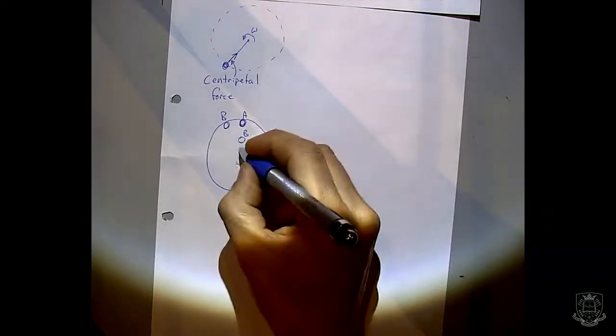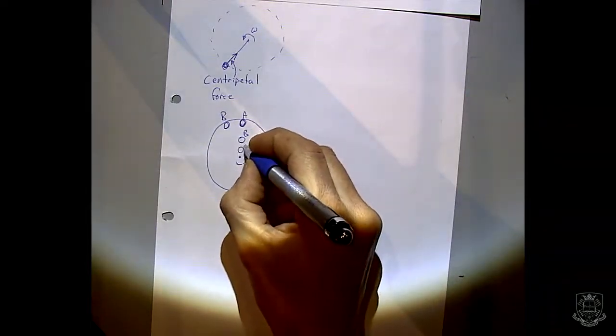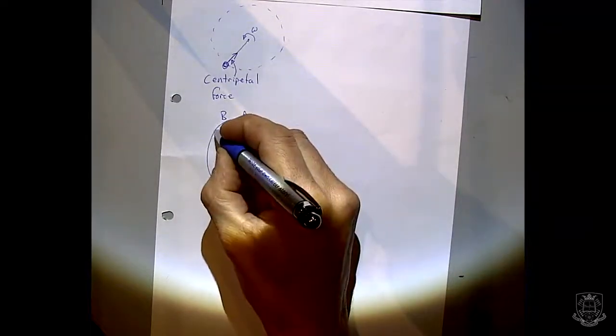At point B, the ball is in that vertical line, but they've moved slightly round. Then at another point C, the ball's there, and they've moved around a bit further, so they're there.